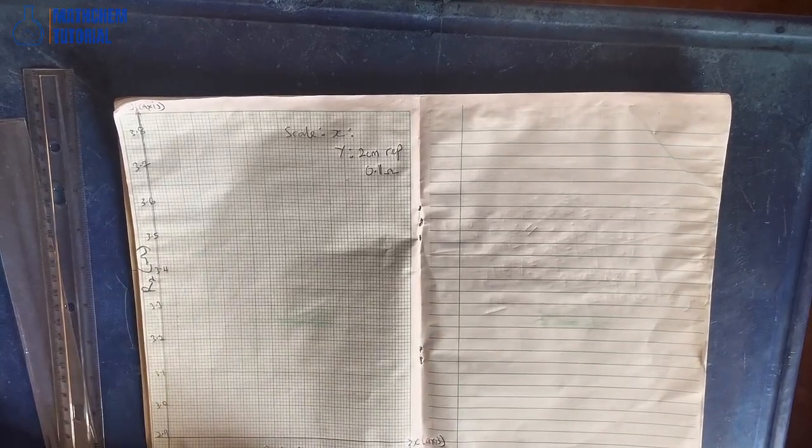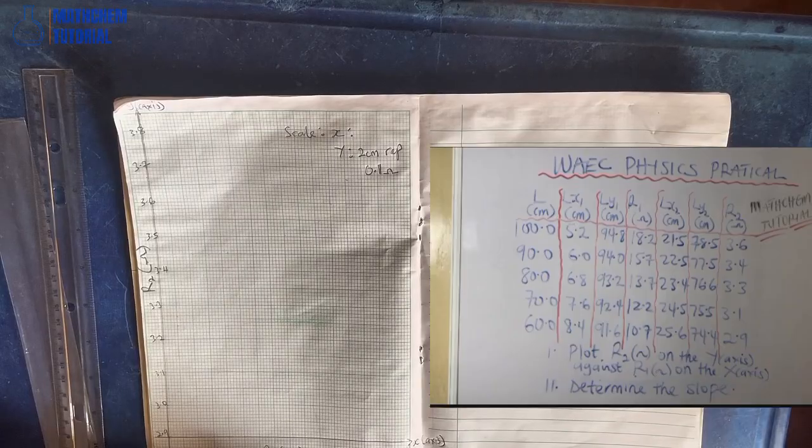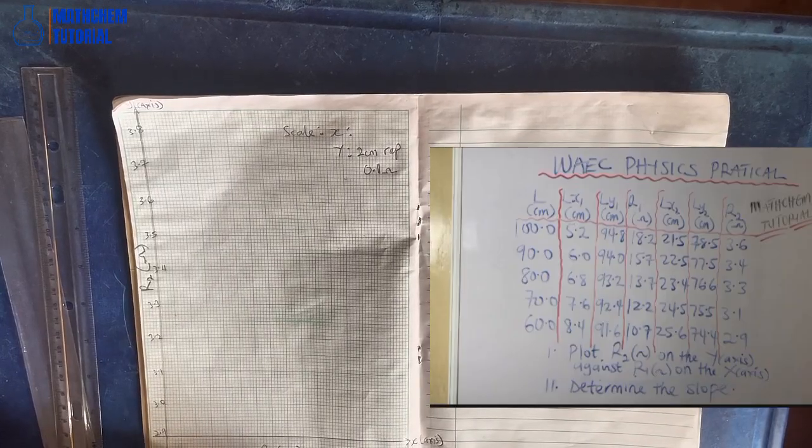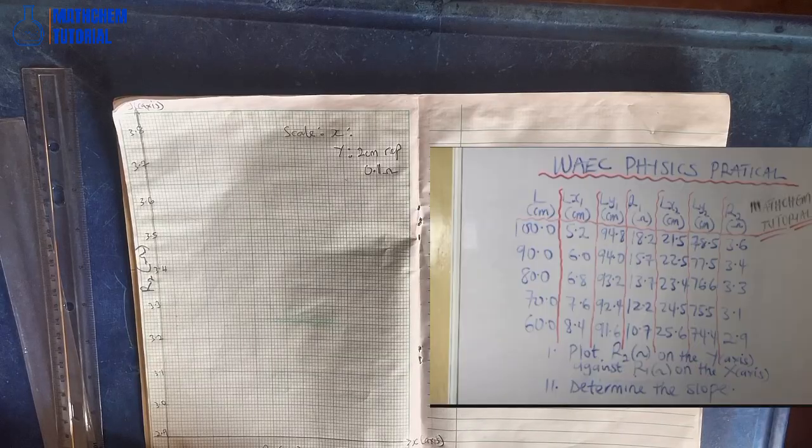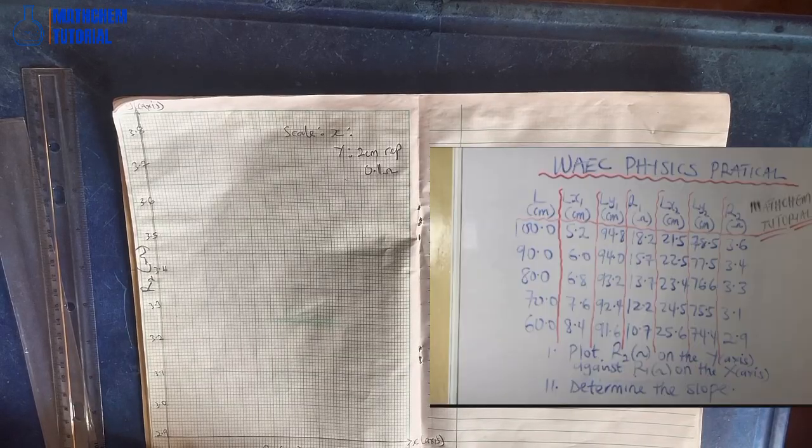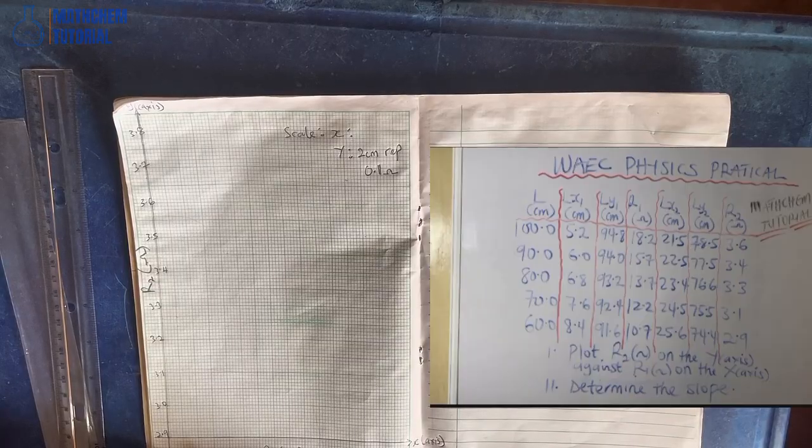Now on the x-axis too, the smallest value I have is 10.7, while the biggest value I have is 18.2.